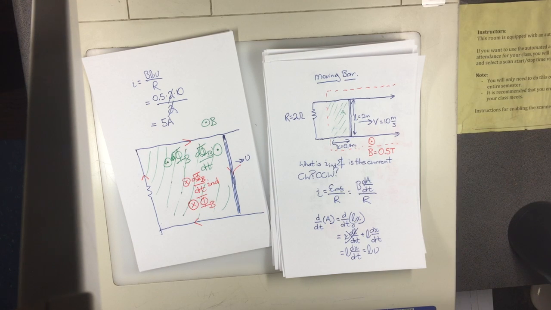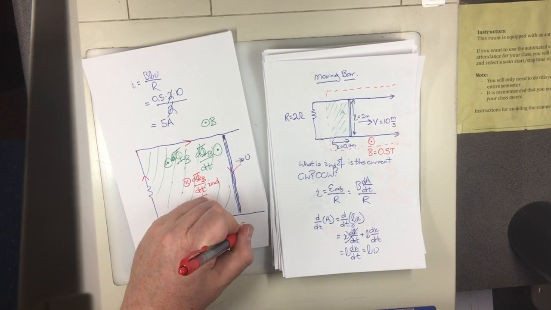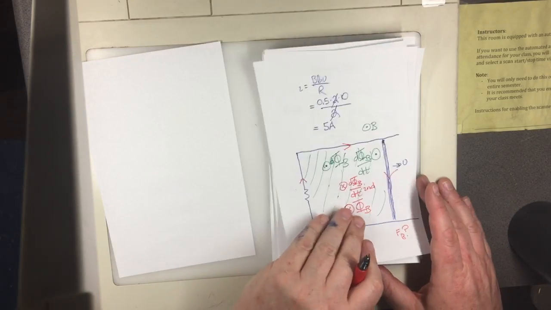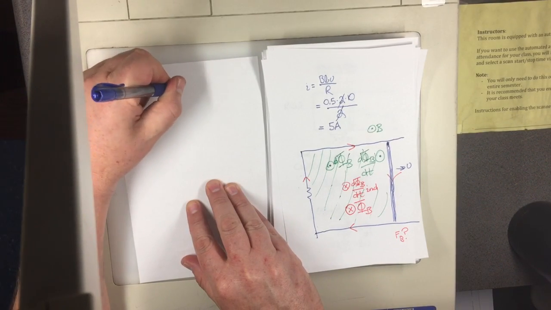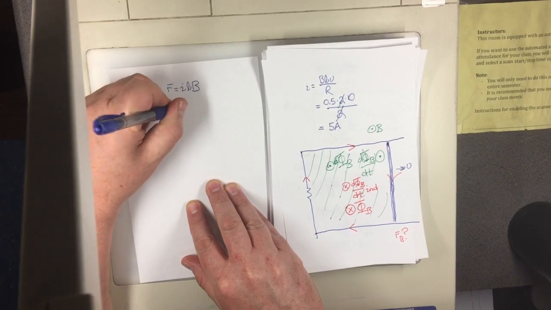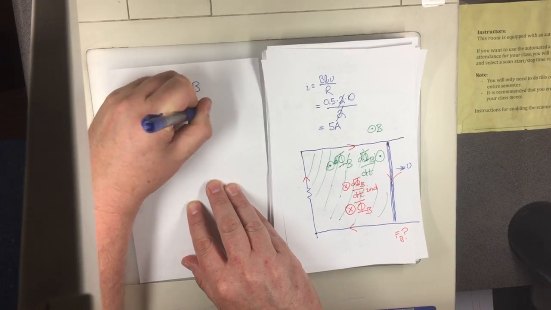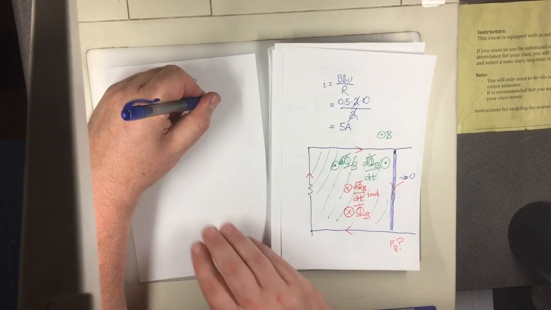The last thing that we need to figure out: I've got a bar, it's got current, it's moving through a magnetic field, which means that there is a magnetic force on the bar. The magnetic force on the bar is ILB. The I is 5, the L is 2, the B field is 0.5.